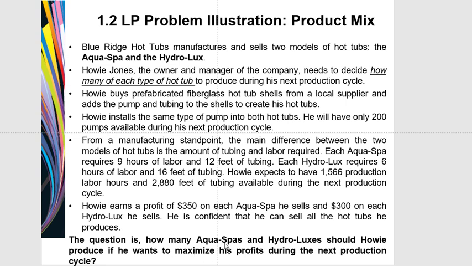This is given in the last question there: how many Aquaspas and Hydrolaxes should Howie produce if he wants to maximize his profits during the next production cycle? In the next slide, we go through the process of how to formulate this problem as a linear programming formulation algebraically first, and then translate this into a spreadsheet.